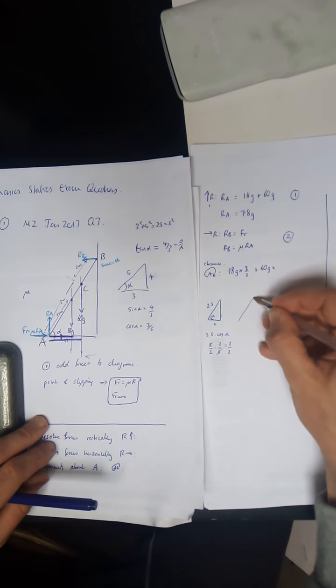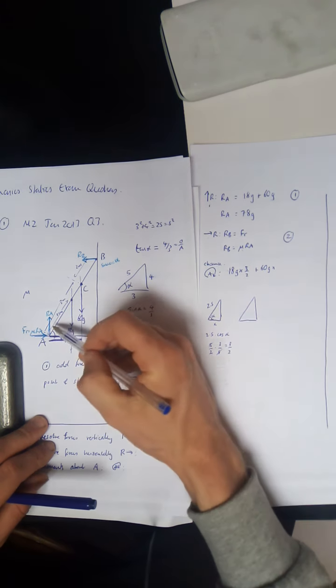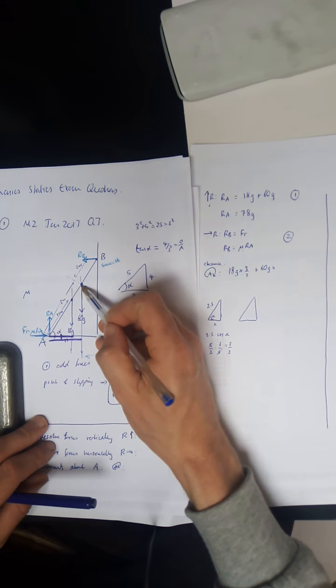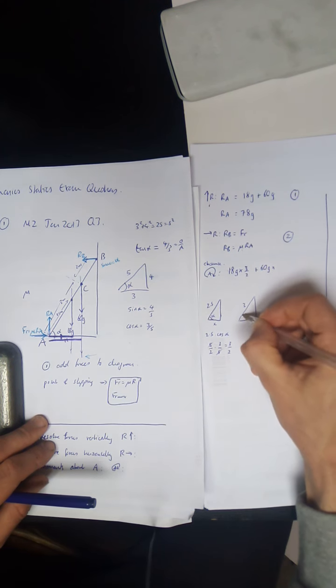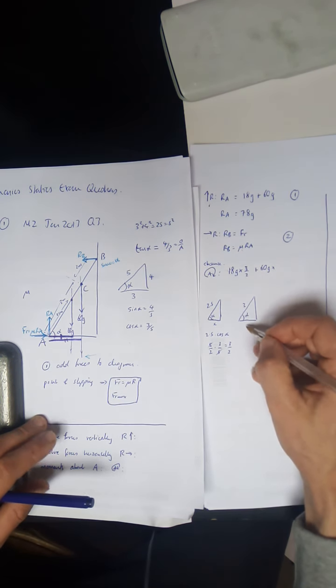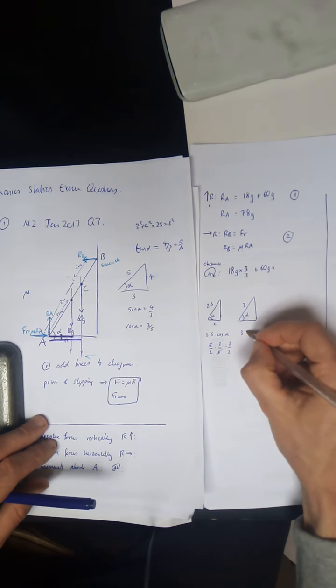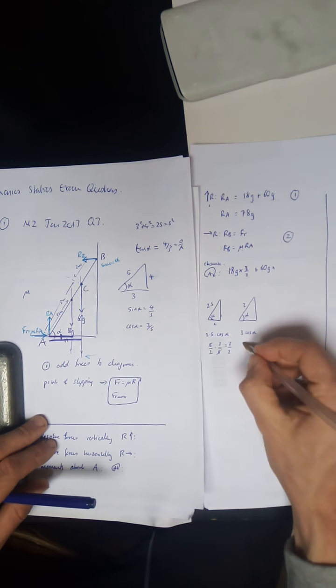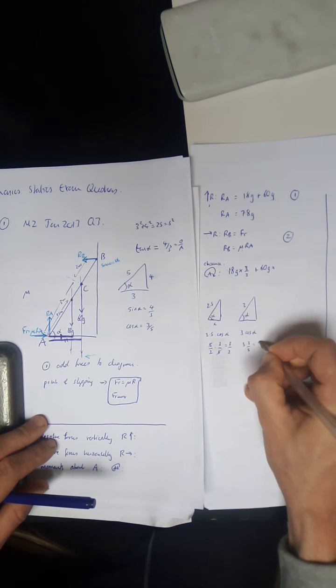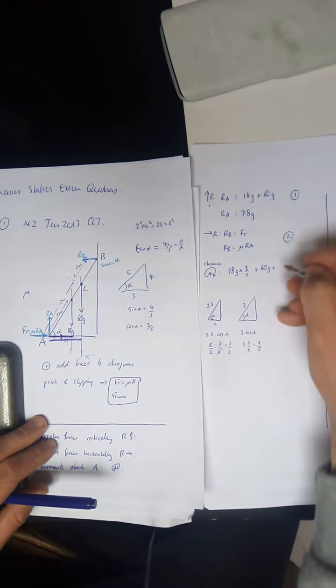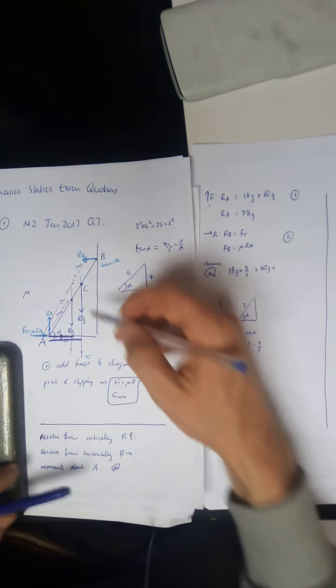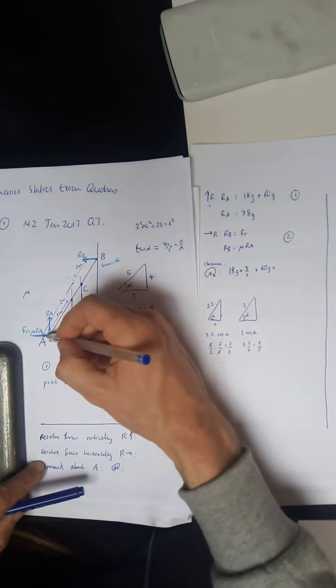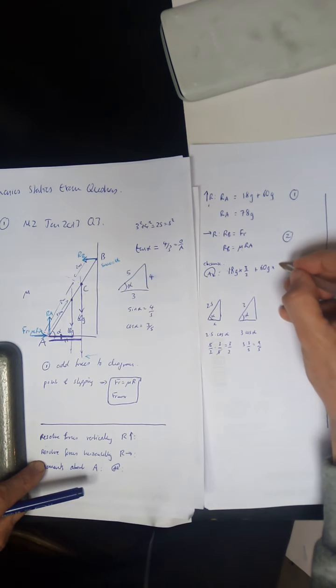Let's do a bit of working. We're looking at this triangle now, where the distance from A to C we know is 3 meters. So that's 3, that's alpha. Again, it's adjacent, so it's going to be 3 cos alpha. That's 3 times 3 over 5, which is 9 over 5. So it's the force, 60g, times the perpendicular distance, 9 over 5.